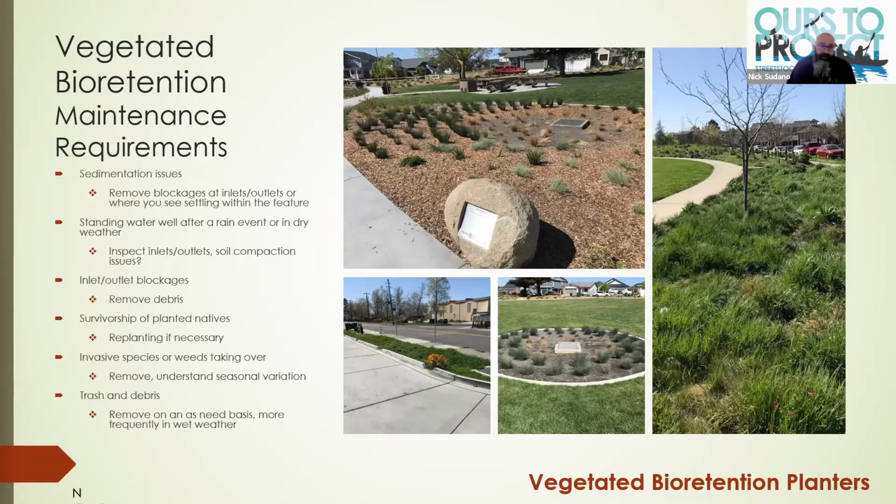And just like Yoash shared, we have a trash amendment that we're required to comply with by 2030, and these features do capture trash. So make sure that whatever is captured in that feature, that debris and trash, is removed on a routine basis, and more frequently in wet weather, because that's what conveys that trash into the storm drain system.